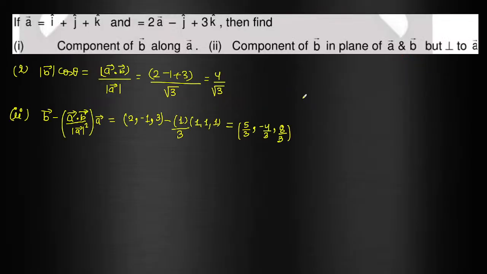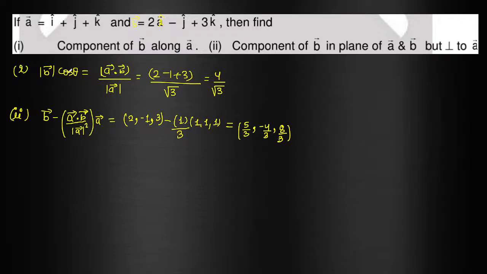Now a few examples on that. A vector is I cap plus J cap plus K cap. B vector equals 2I cap minus J cap plus 3K cap. Now the component of B along A is what?